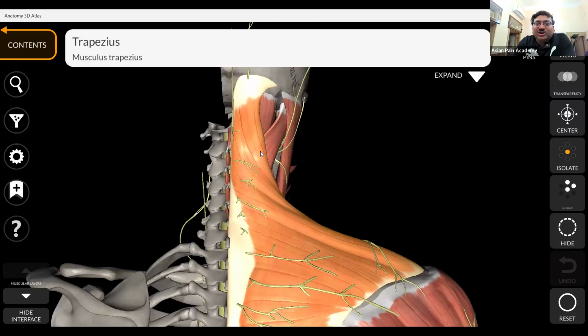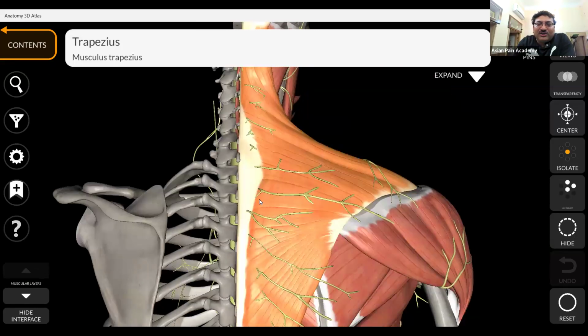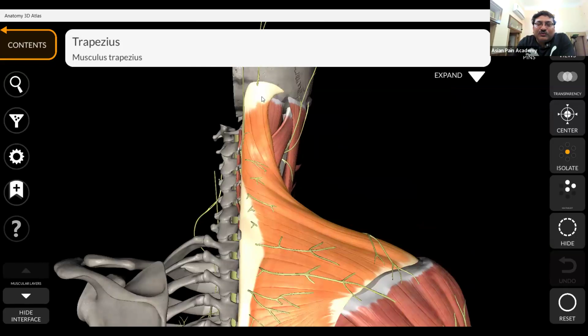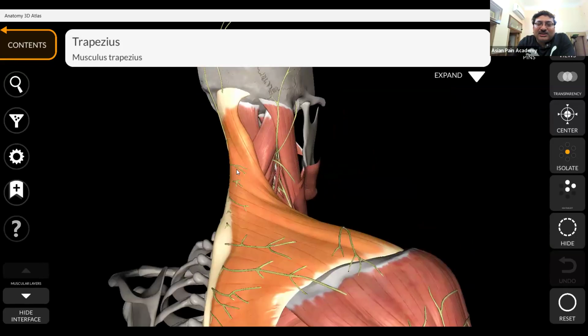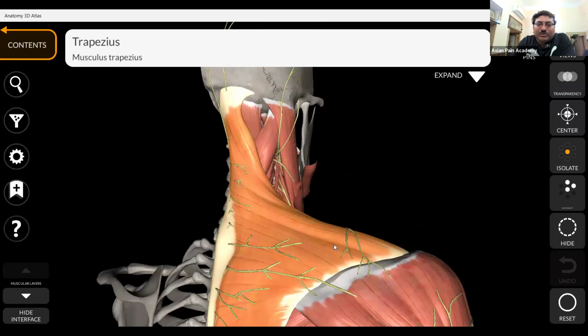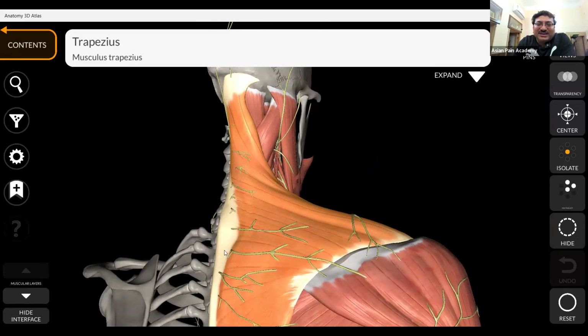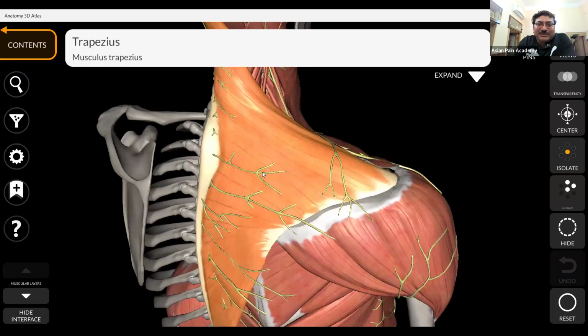Trapezius takes origin from a portion of the occiput, the whole of the nuchal line, and all of the spinous processes from C1 to T12. The upper fibers move towards the anterior side and down, and then attach to a portion of the clavicle. The middle fibers go mostly horizontally and laterally. They attach to the acromion and the acromioclavicular joint. The lower fibers ascend and join the spine of the scapula.